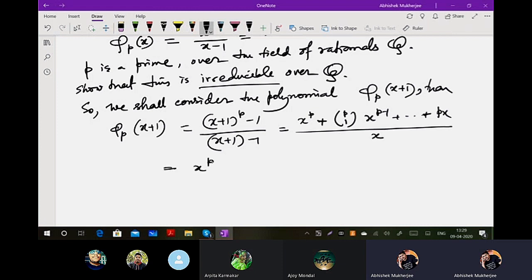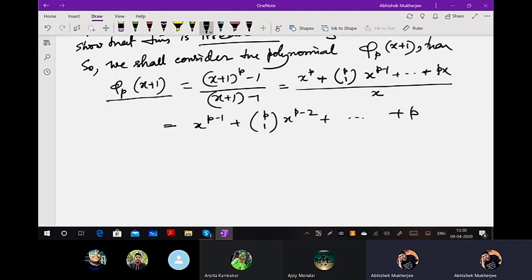That means it is x to the power p minus 1 plus p C 1 x to the power p minus 2 plus dot dot dot plus p. So considering this polynomial, we are getting some indication of what prime we need to choose.